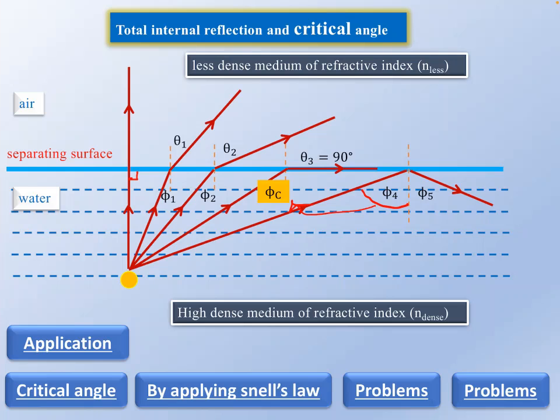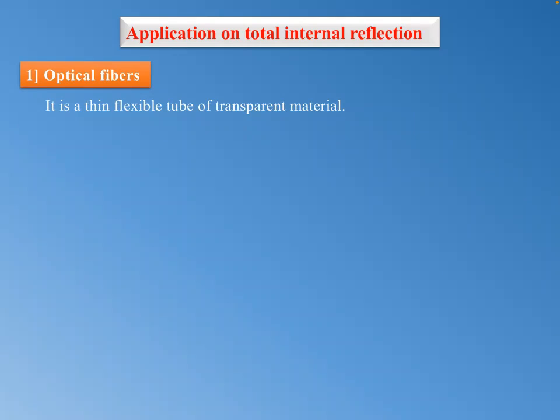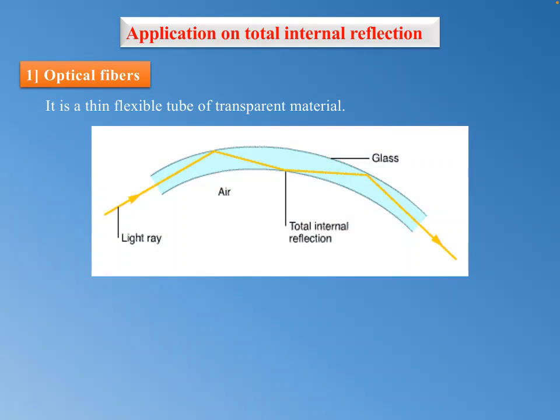Now, what about the application of total internal reflection and the critical angle? An application of total internal reflection is the optical fiber. It is a thin flexible tube of transparent material. Look at this optical fiber. A light ray falls at an angle greater than the critical angle. This is more than phi c.